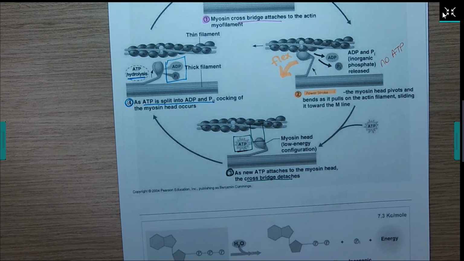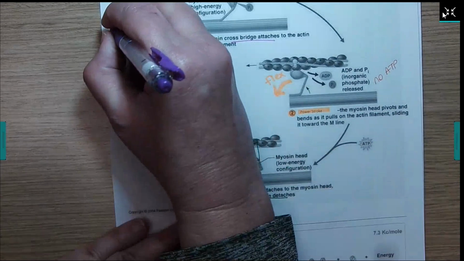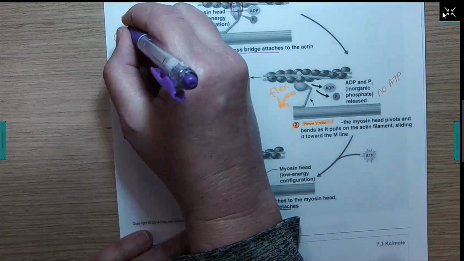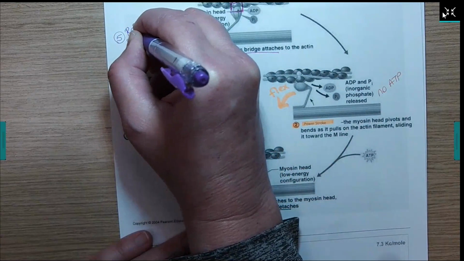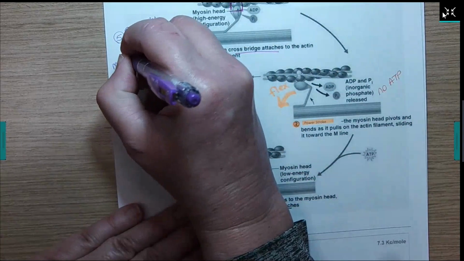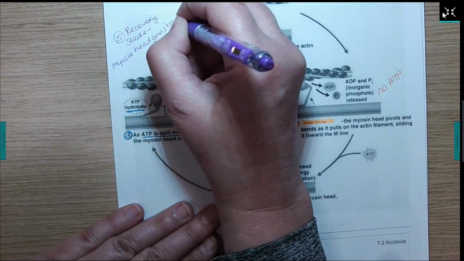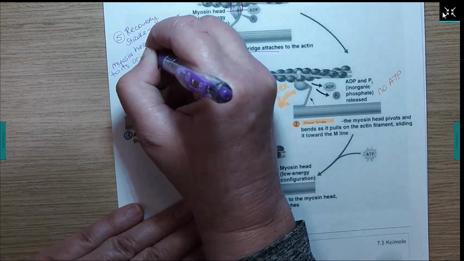Now, it doesn't have a step 5 on this, but I'm going to give you a step 5, which is called the recovery stroke. And this is the myosin head goes back to its original shape.